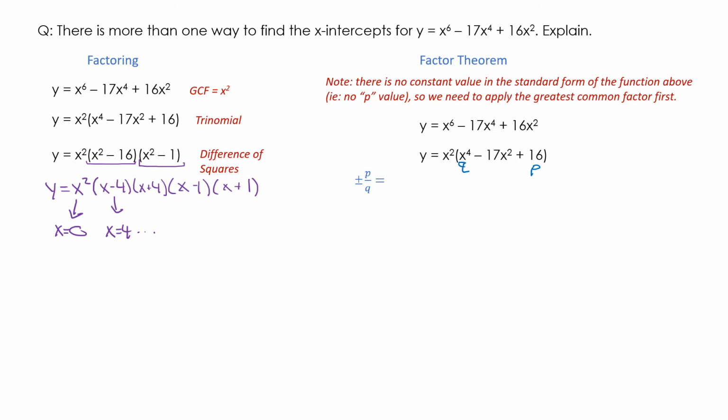That means everything's going to be over a 1. So I'm going to have plus or minus 16. Those could be possible zeros. Working my way down in factors, 8 is a factor of 16, 4, 2, and 1. Well, that's a lot of possible factors.